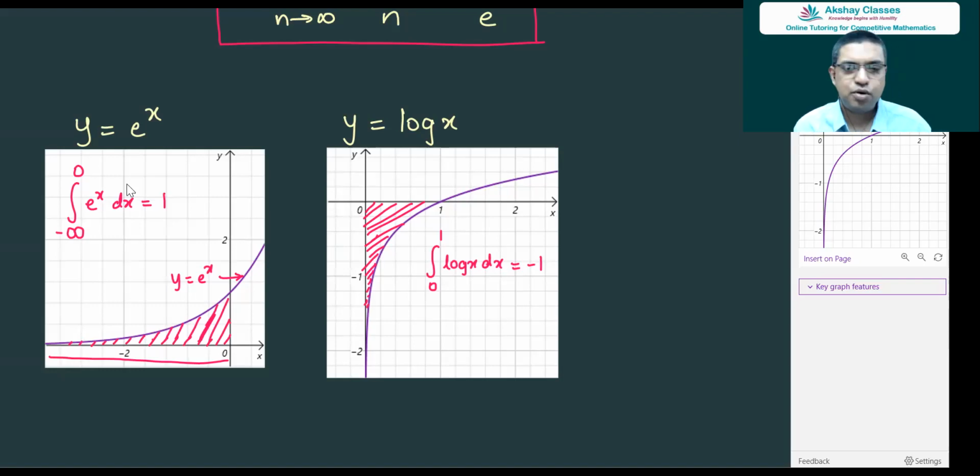So actually I wanted to give a test to you. I wanted to give a test based on differential calculus, but I saw that the number of questions in JEE that come from integral calculus for a single variable is limited. So I'm sorry, for GATE, it's limited.